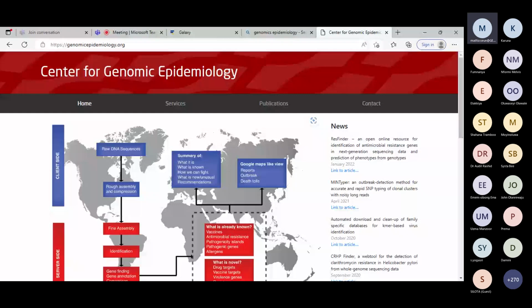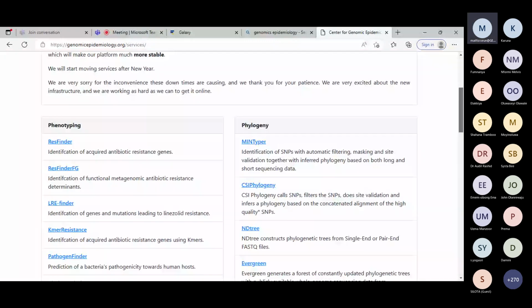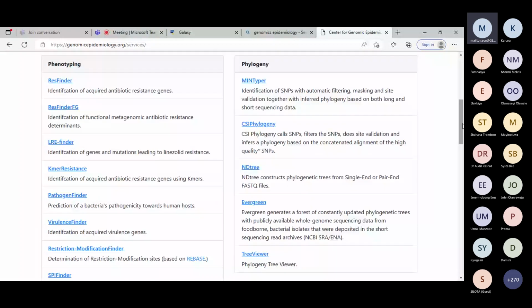For you to use these pipeline tools, just click services. When you do that, you see ResFinder. You see different kinds of pipeline tools for different kinds of analysis, such as identification of acquired antibiotic resistance genes.